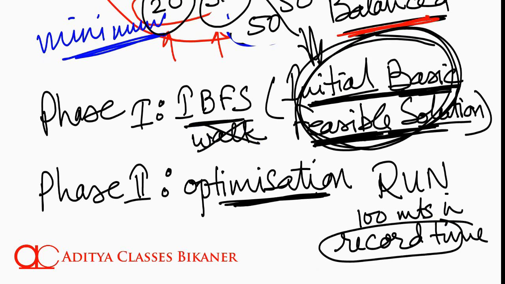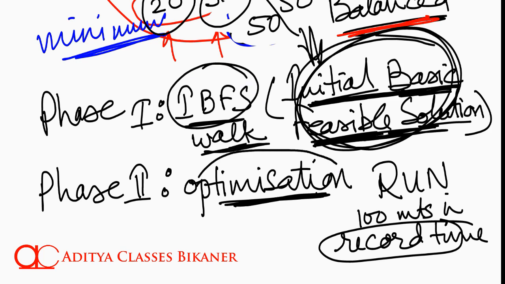So what we'll try and learn is, first we'll try to walk in IBFS and then we'll try to optimize, that is run at a brisk pace. So phase 1 would be an initial solution phase and phase 2 will be an optimization phase.